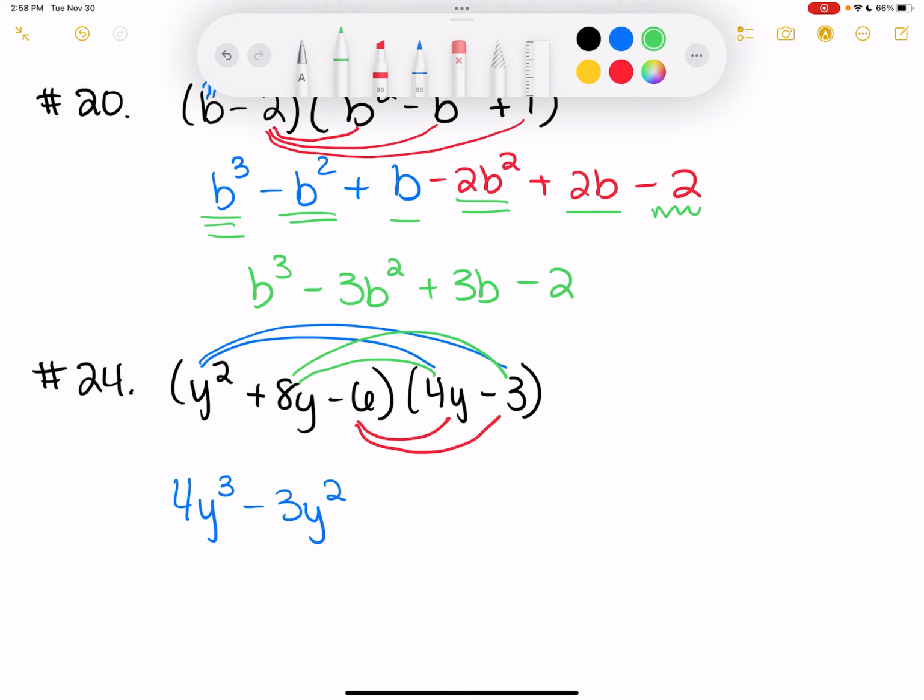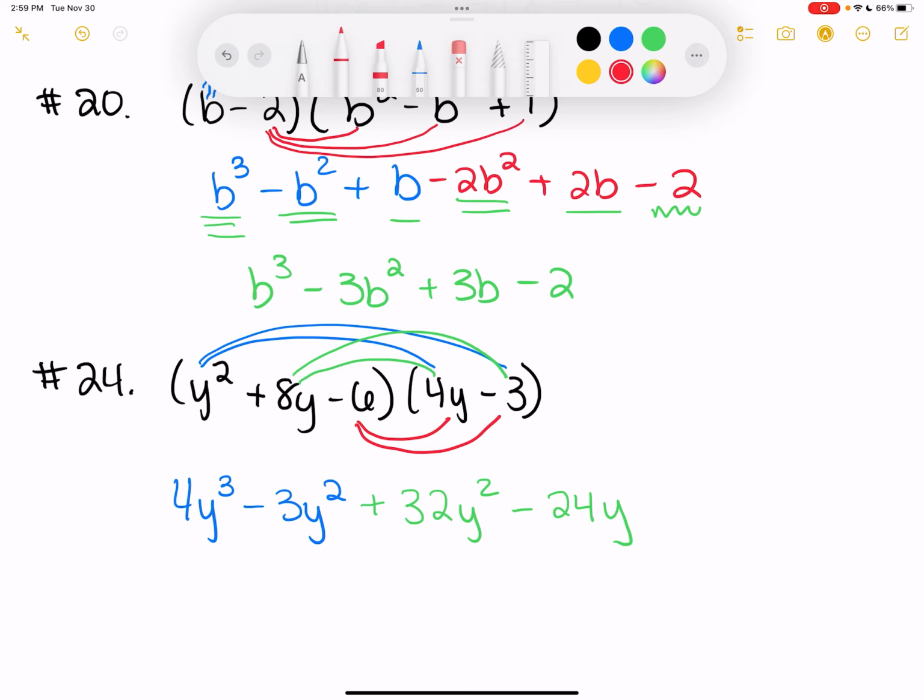So 8y times 4y is 32y squared. 8y times negative 3 is negative 24y.